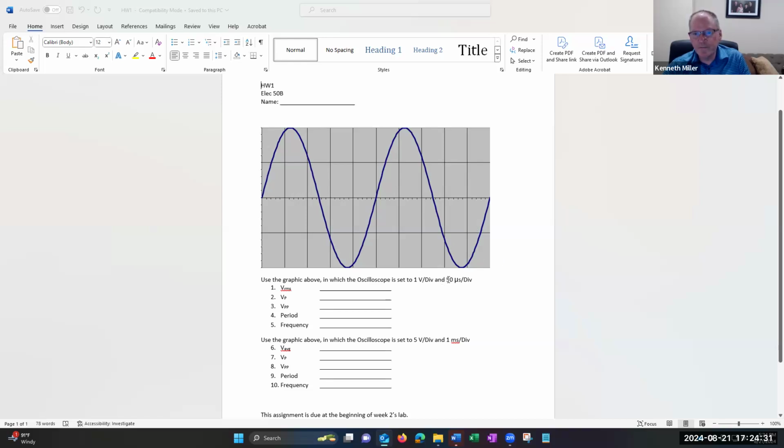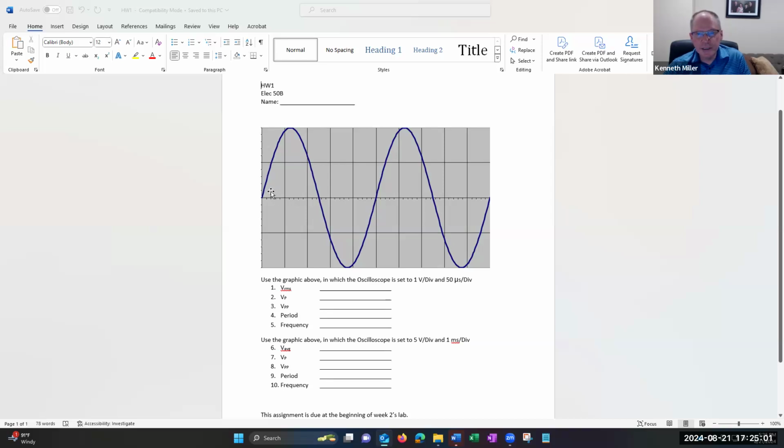To get the period, you will look at the divisions in the horizontal. So here it's 50 microseconds, right? Remember, milli is m, and micro is the Greek letter mu. So from 0 volts to 0 volts, each one of these blocks, or divisions, is 50 microseconds.